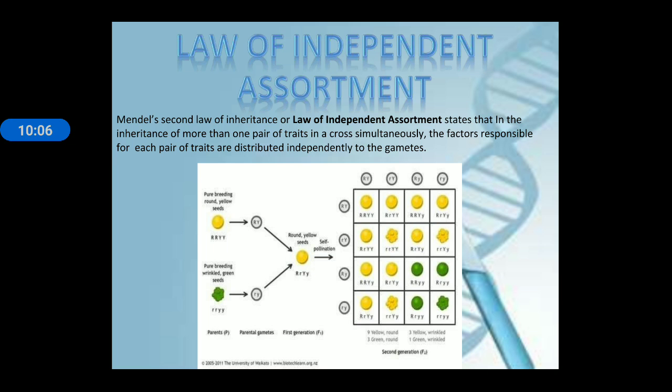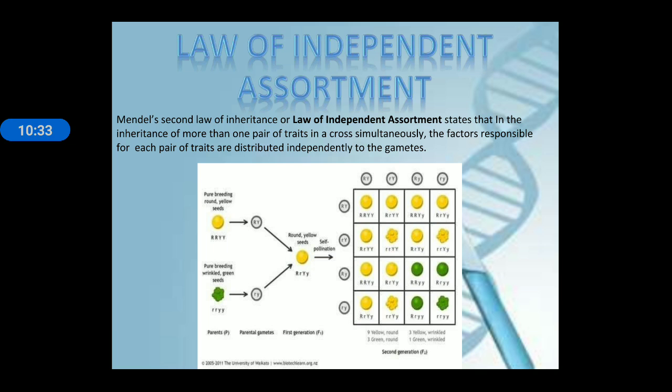When we perform self-pollination of capital R small r, capital Y small y, four types of gametes will form: capital R capital Y, capital R small y, small r capital Y, and small r small y. Four gametes are placed in the horizontal direction and four in the vertical direction, because two parents are involved in the cross.